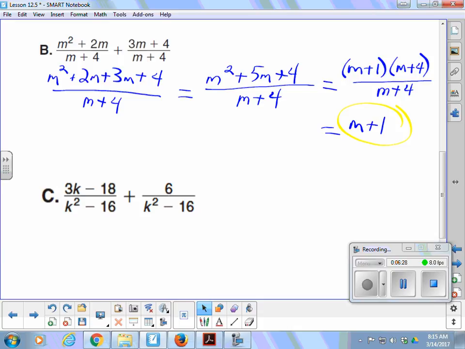So what about the denominator? What are the factors of negative 16 that add up to 0? You multiply them together, they equal 16.